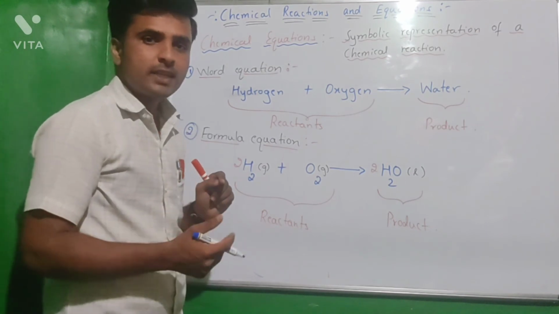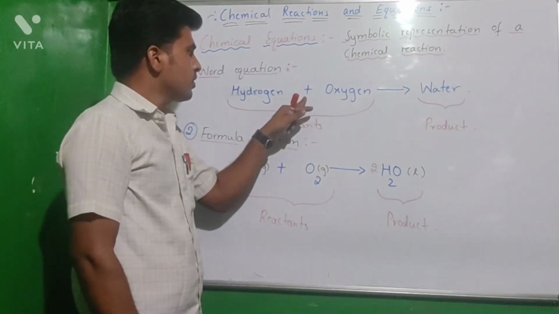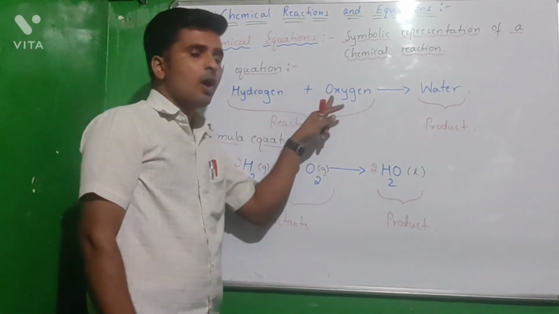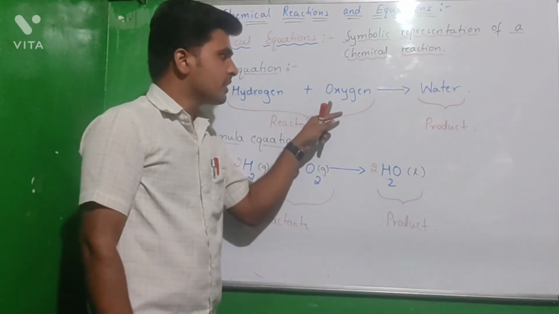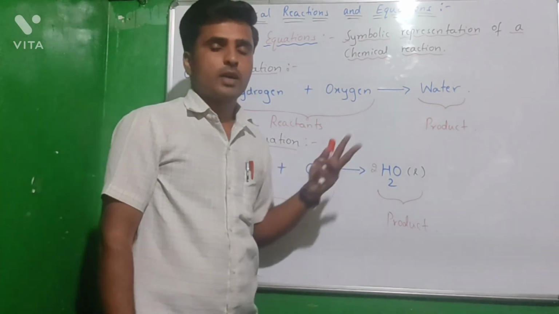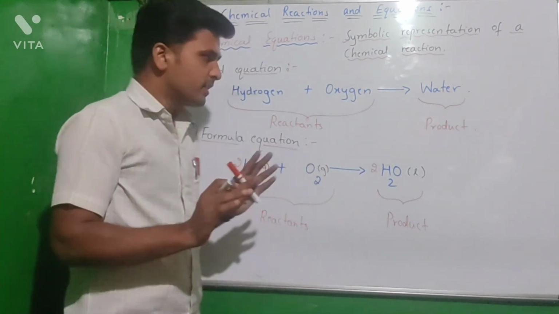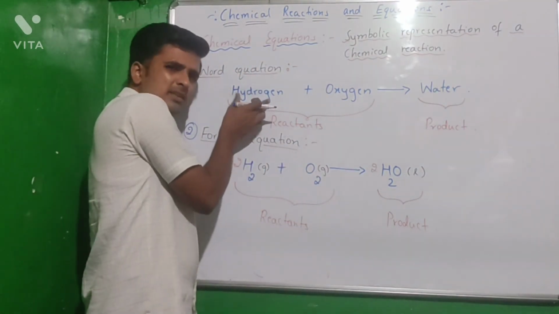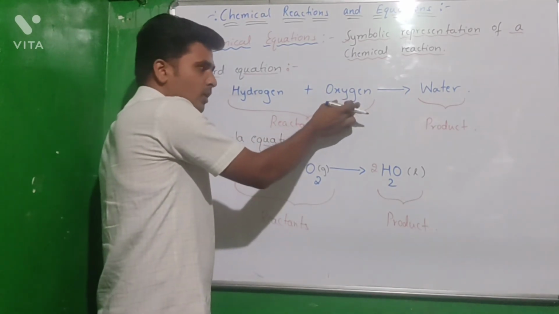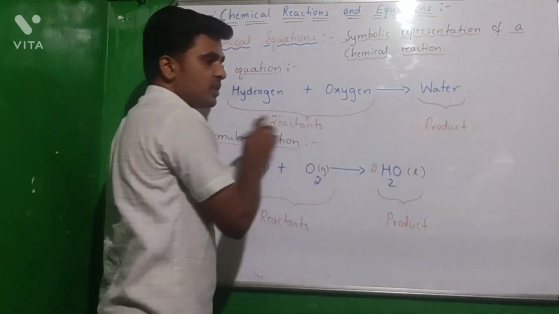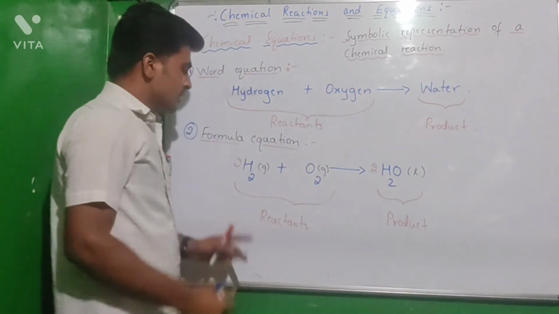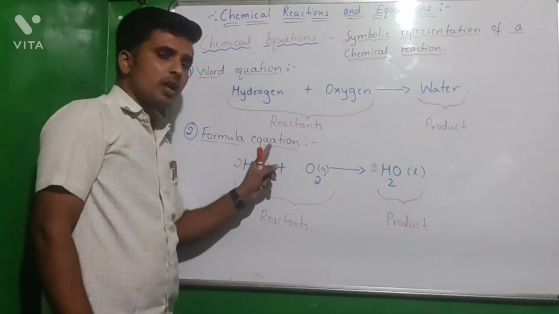Water is formed by the combination of hydrogen and oxygen. Hydrogen and oxygen react to form water. Here the names are hydrogen and oxygen, which give us water. This is the word equation. Clear?